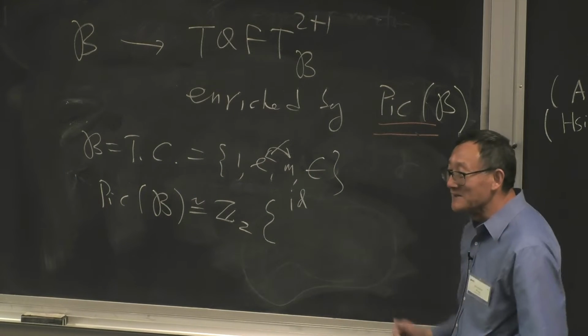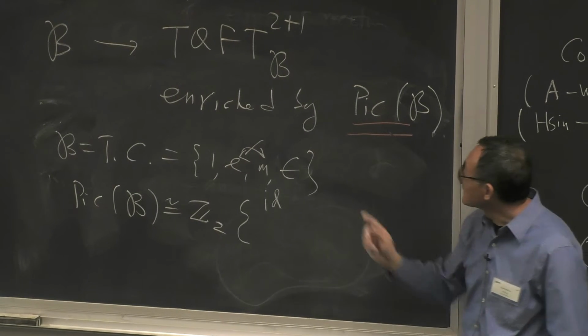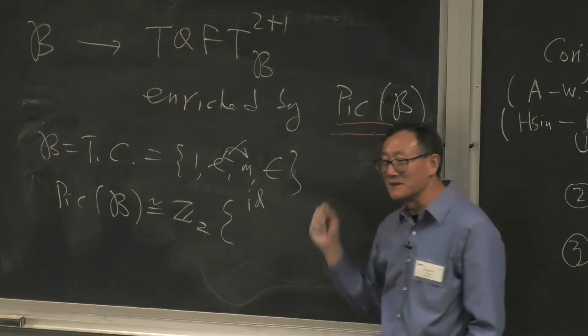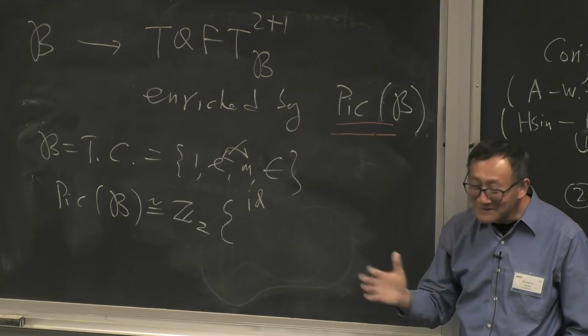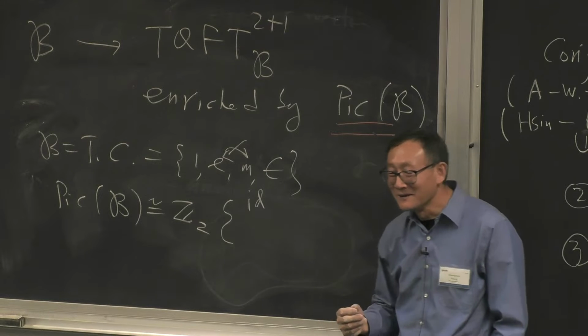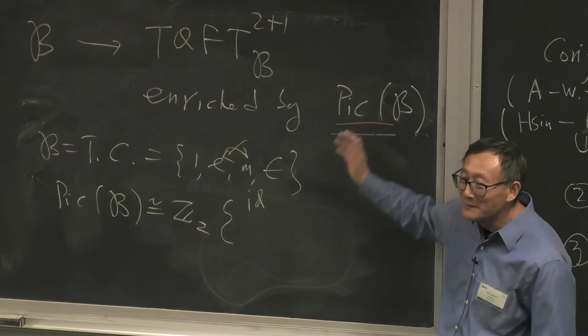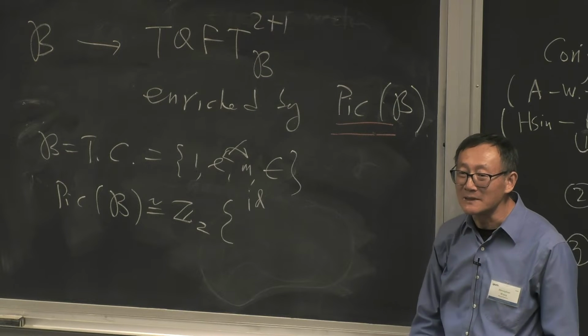And I will give you the definition a little bit later. It's not always true that you can promote this from Picard to a categorical two-group. I have worked out a whole theory with a bunch of collaborators many years ago. There's an obstruction in H^3, there's an obstruction in H^4, but you can do this sometimes.